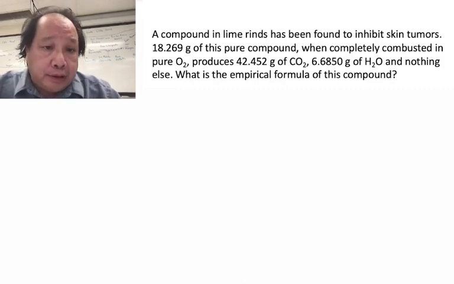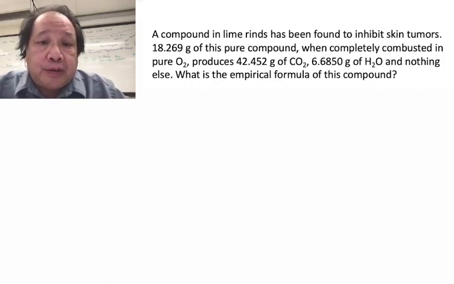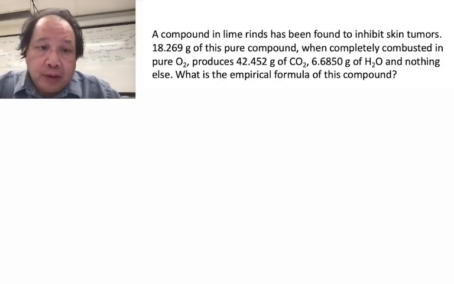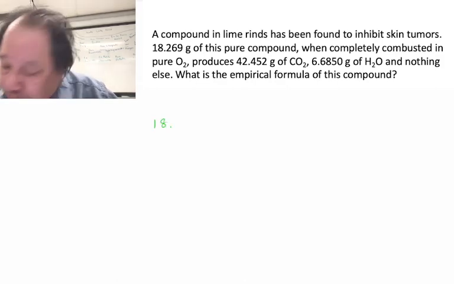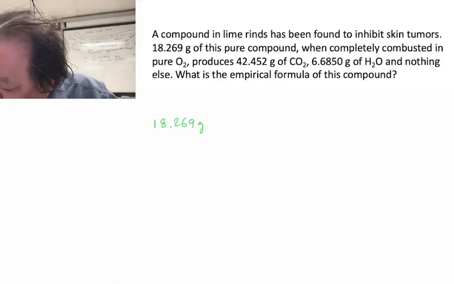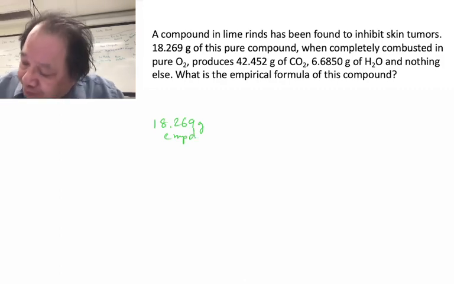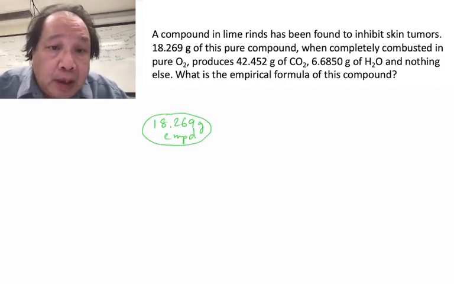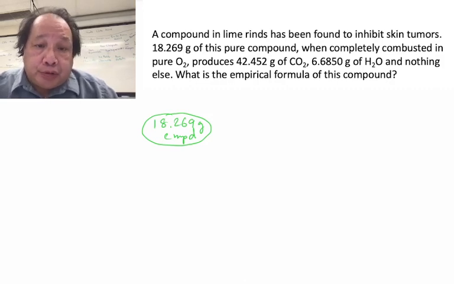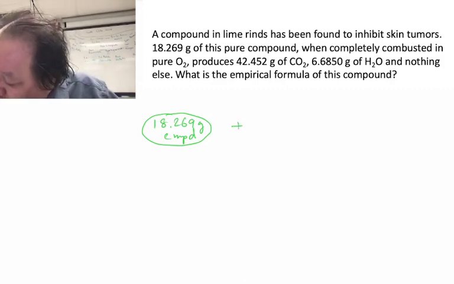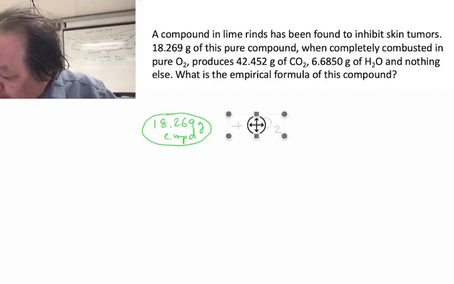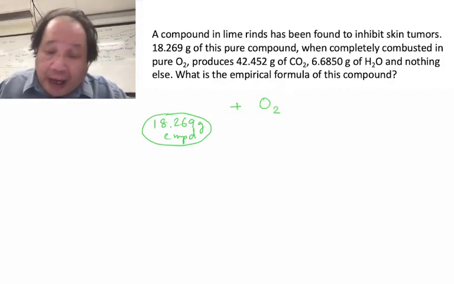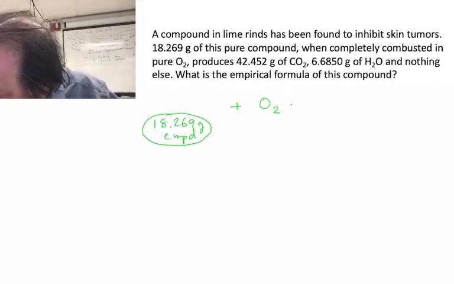A compound in lime rinds has been found to inhibit skin tumors. 18.269 grams of the compound, when completely combusted in pure O2, that means it's burnt in O2. The chemical reaction is O2 plus the new compound react, so the reaction is the arrow, to make CO2.